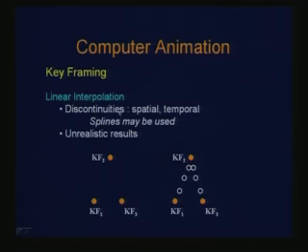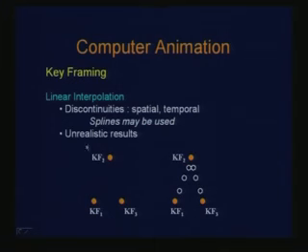So, in order to address the issue of discontinuity, you may use splines. Splines are basically ways of interpolating which are higher order interpolations, right, which can give you higher order continuity. Okay.